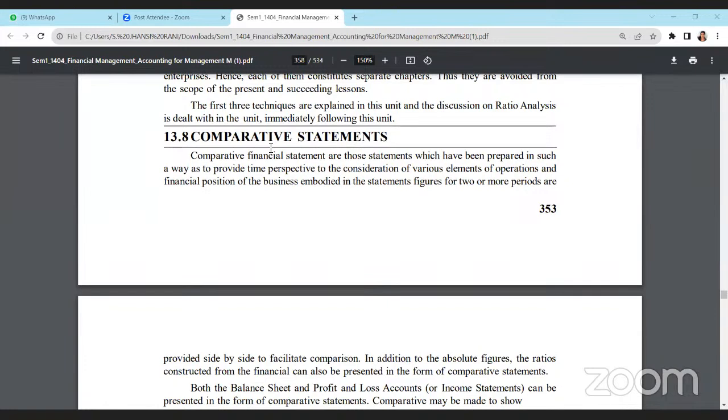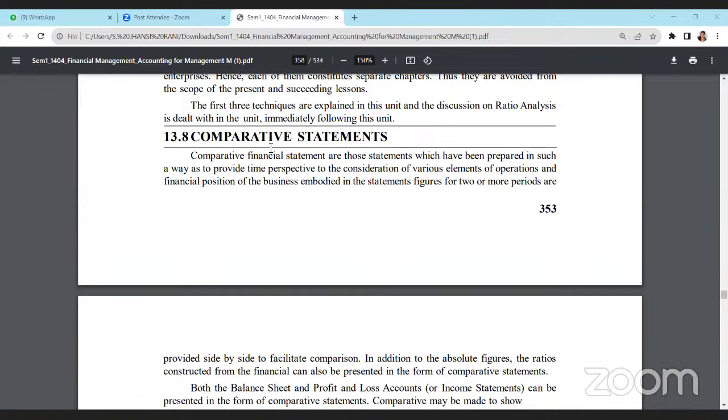So in a comparative statement, we compare our own company's information with that of last year. Two or more periods of information will be given, and we compare the earlier year with the present year to find out whether it has increased or decreased. In that we'll prepare both the income statement and the balance sheet.